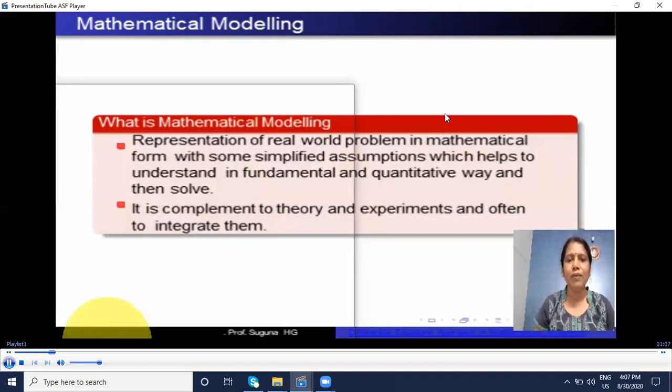Mathematical modeling is a representation of a real-world problem in mathematical form with some simplified assumptions, which helps to understand in a fundamental and quantitative way and then solve. It is a complement to theory and experiments and often integrates them.